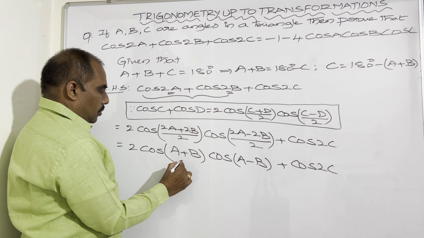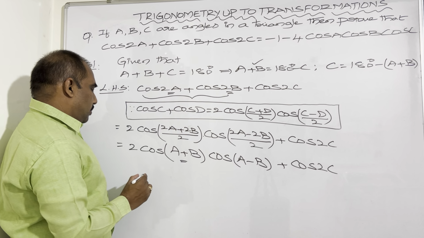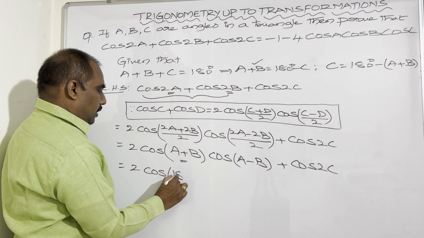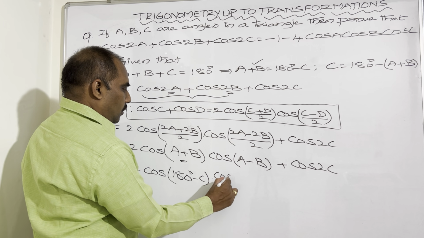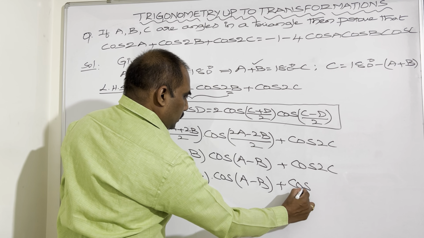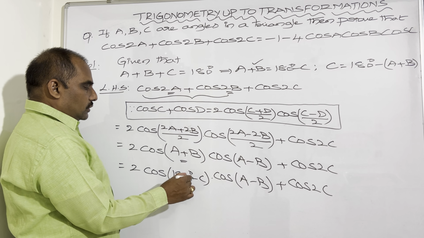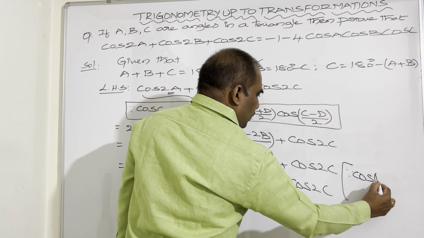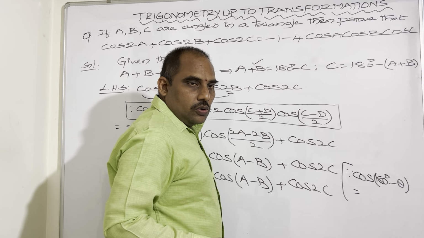Observe here we have A plus B, and A plus B is equal to 180 minus C. Now this is 2 cos, so A plus B is replaced by 180 degrees minus C, into cos of (A minus B), and plus cos 2C as it is. So now 2 cos of (180 minus C) is like cos of (180 minus theta), which belongs to the second quadrant.